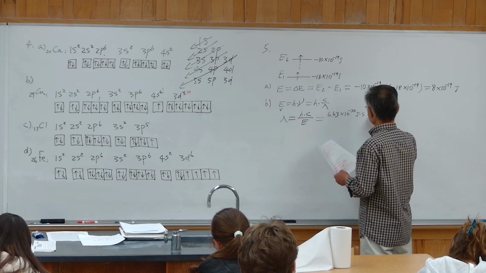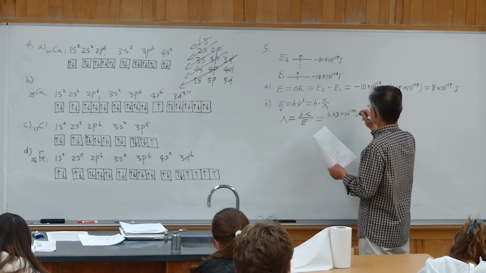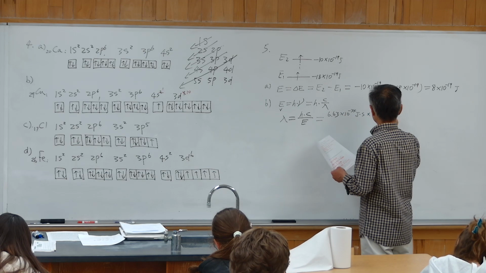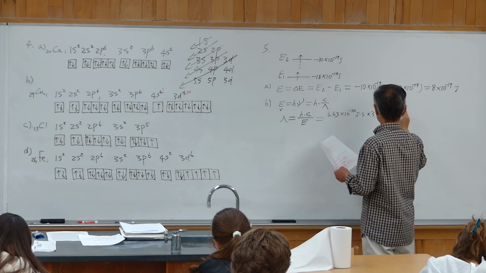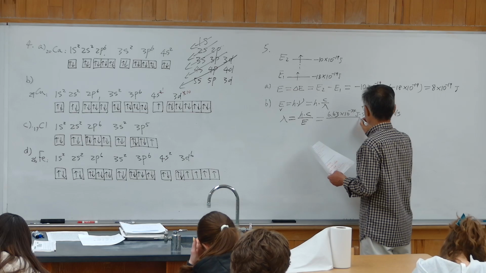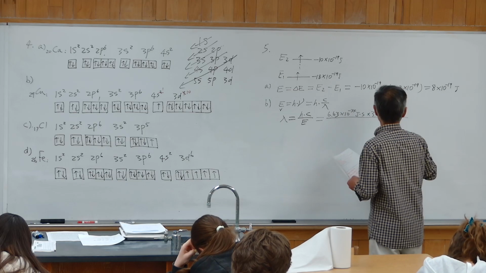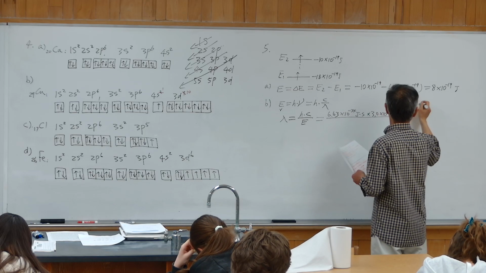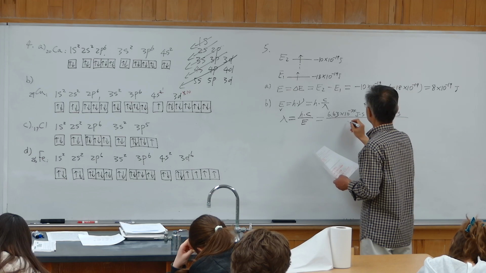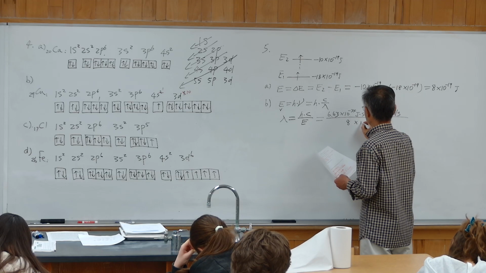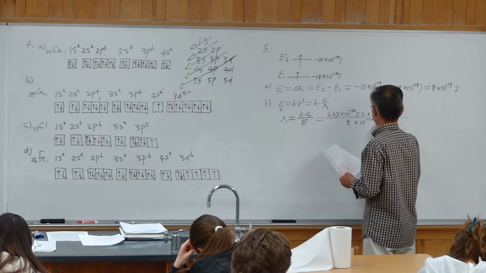C is the light speed, also provided here: 3 times 10 to the 8th power meter per second. E is the energy needed, which we just calculated, 8 times 10 to the negative 19th power joule.